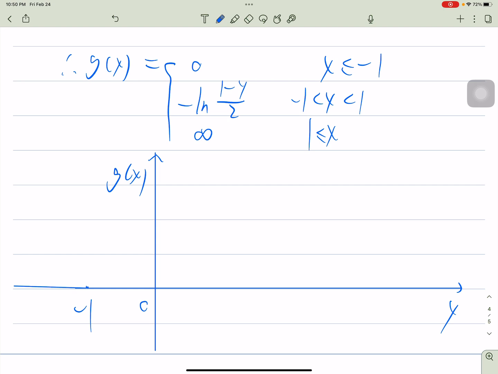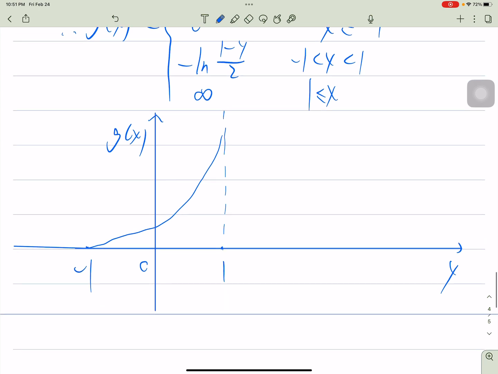And it equals negative ln(1 minus x over 2) when x is larger than -1 and smaller than 1, so it should be like this. And it equals infinity when x is larger than 1. So this is the figure of g(x).